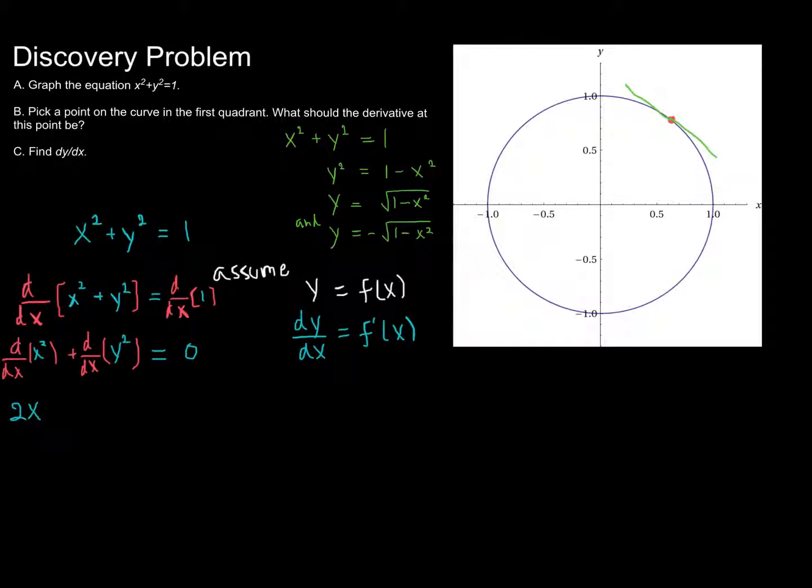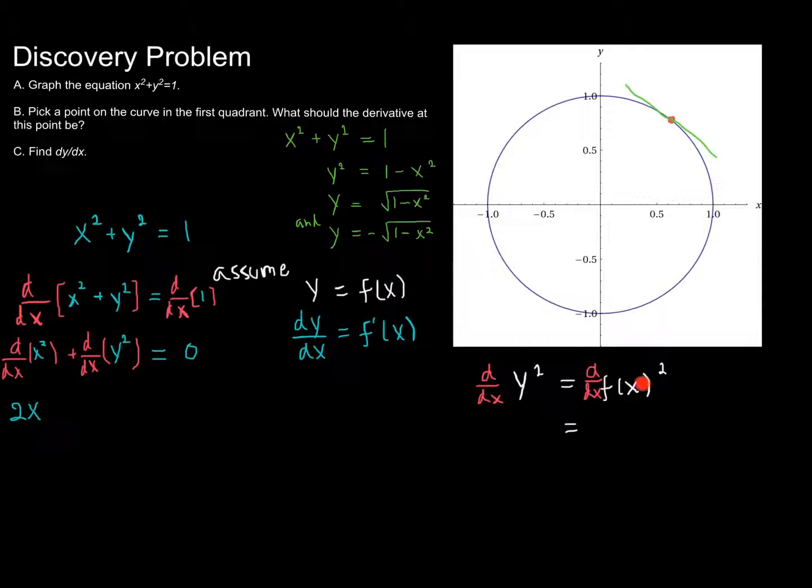But notice we're not taking just the derivative of y, we're taking the derivative of y squared. So if I'm assuming that y is a function of x, well that means y squared is whatever this function of x is, squared. So when I take the derivative with respect to x, notice that I need to use the chain rule here.